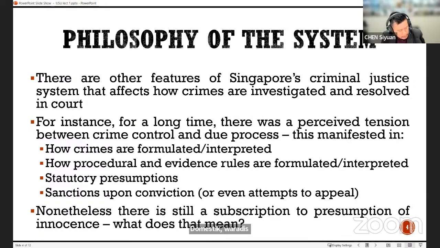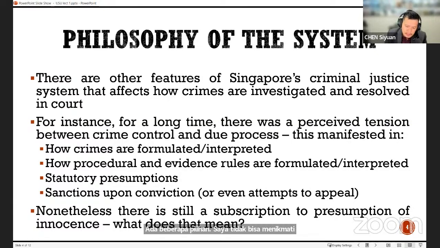Okay, notwithstanding all of this, as much as Singapore is big on crime control and tough on crime, there is still supposed to be a subscription to presumption of innocence. But then there's a question of what does that mean? So interestingly, presumption of innocence has, at least within the common law world, a fairly universal meaning, which is to say that it is for the prosecution to prove a crime beyond a reasonable doubt.